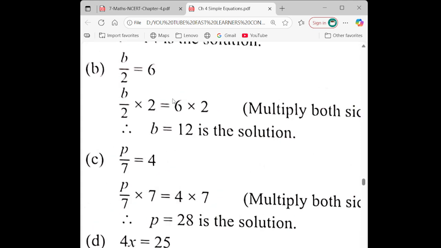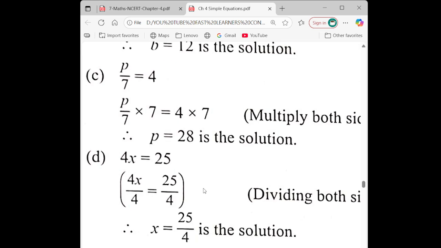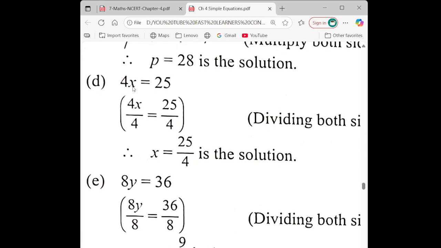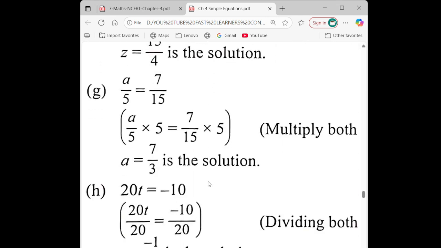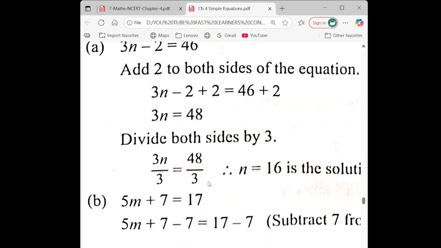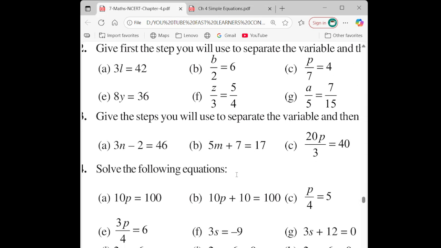Okay. Next number. P divided by 7 is equal to... P multiply by 7, P equal to 28. Here 4x equal to 25. So divide both the sides by 4, you get 25 upon 4. Same way you will find out the answers of the whole exercise.